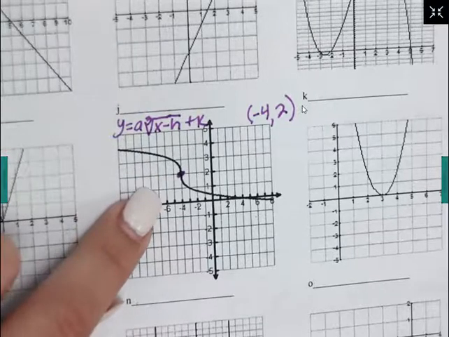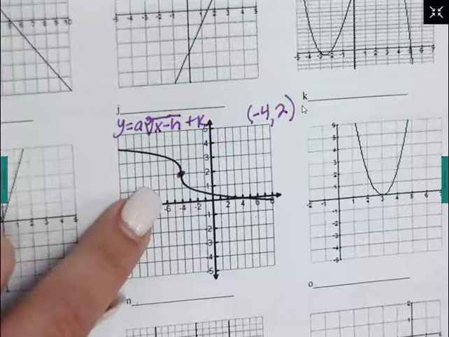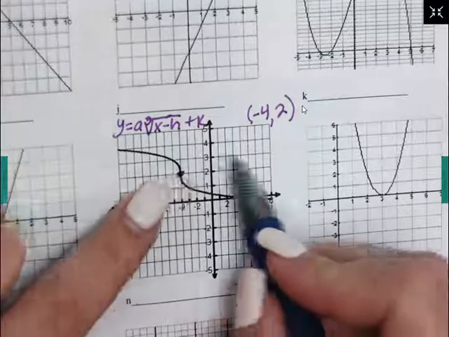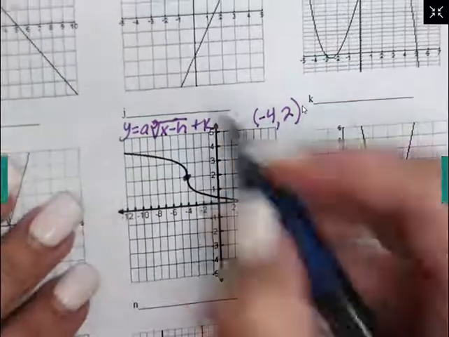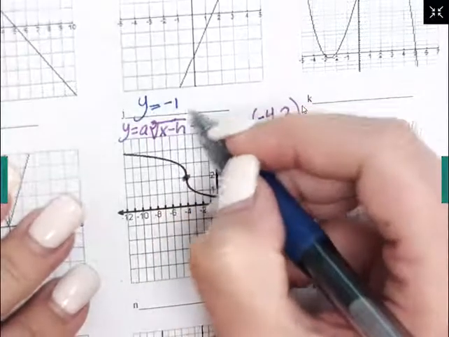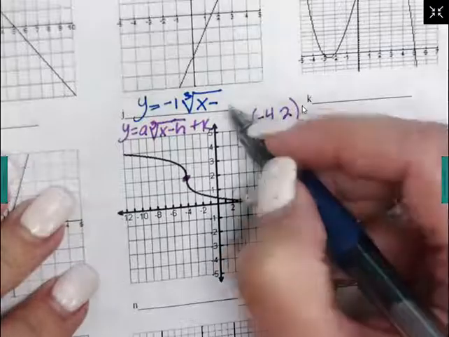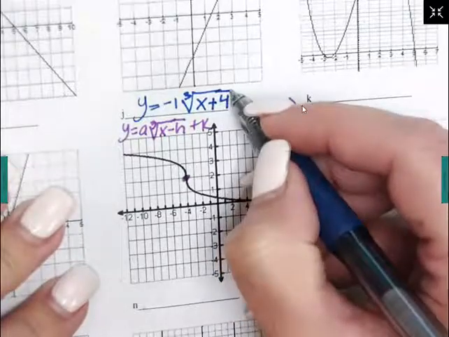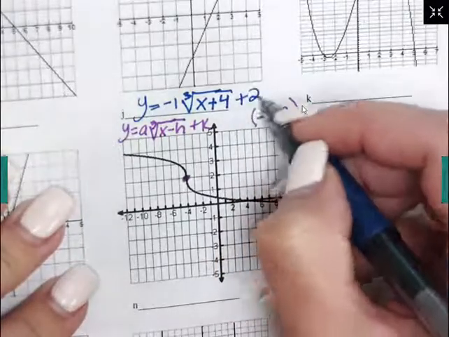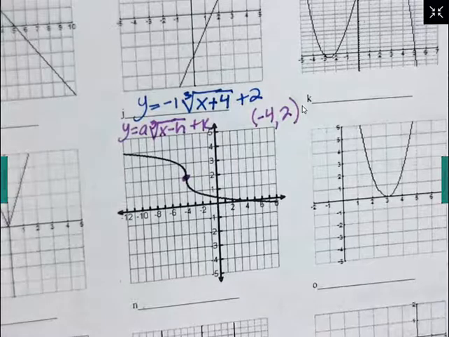It's going the wrong way. Usually it goes up this way and down this way. So this is y is equal to negative 1 times the cubed root of x minus negative 4, which is actually plus 4, and then a plus 2 on the outside. Any questions on J?